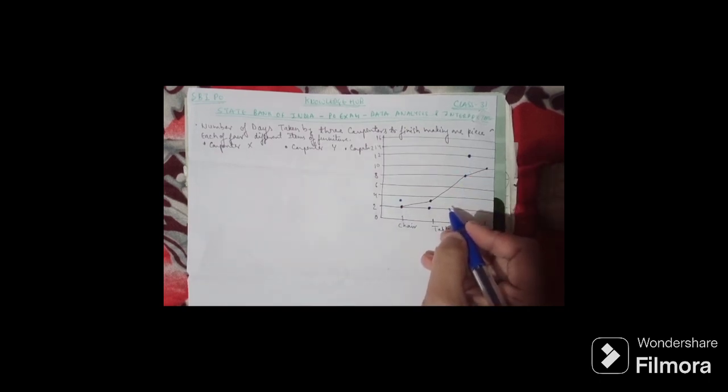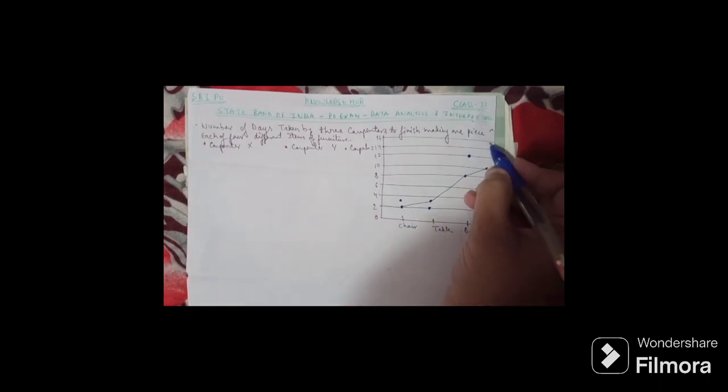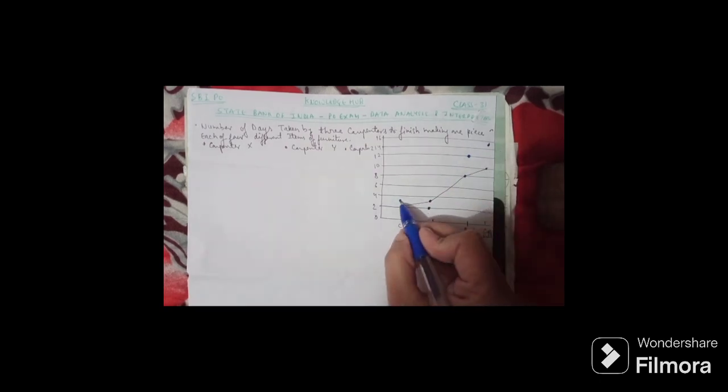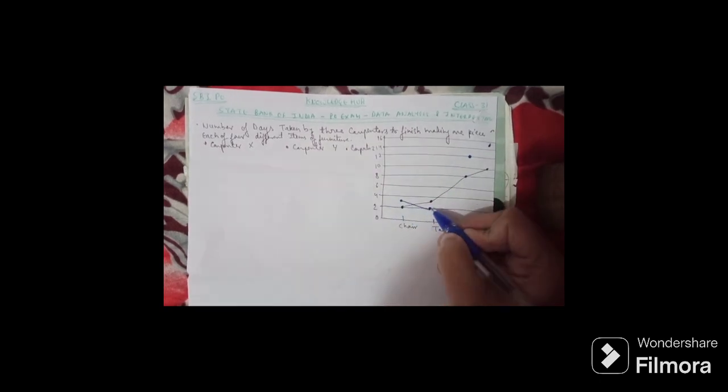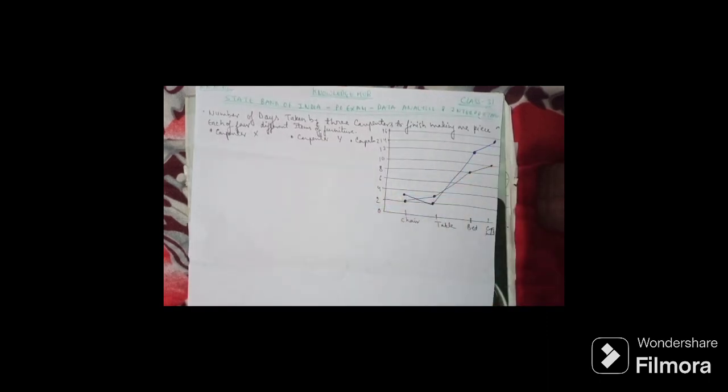And cupboard is for 15. Okay. Now for the other one, that is the third graph.